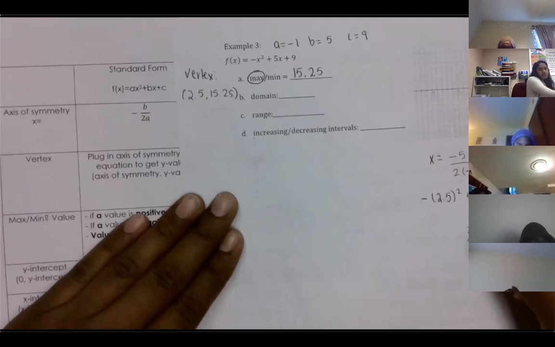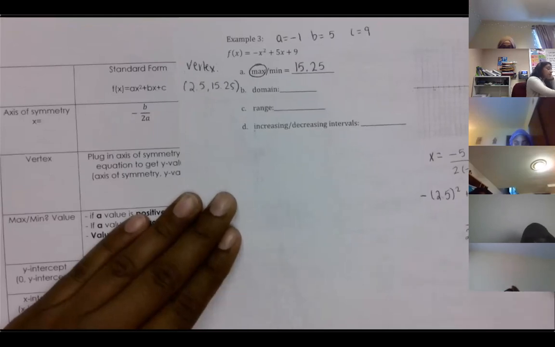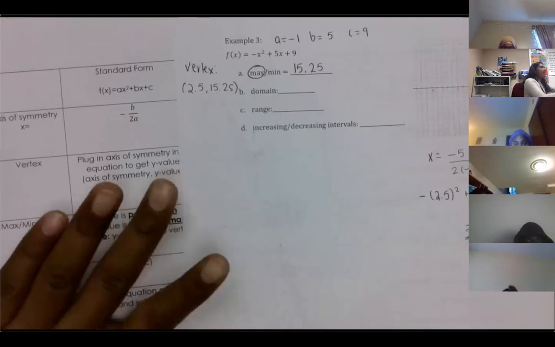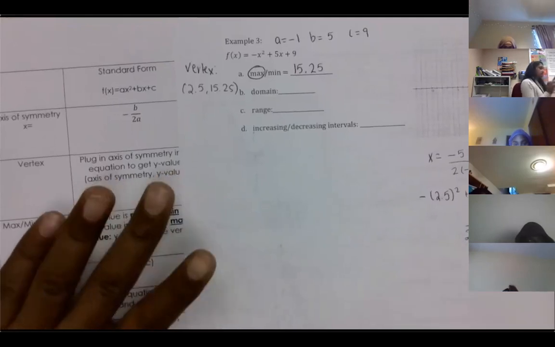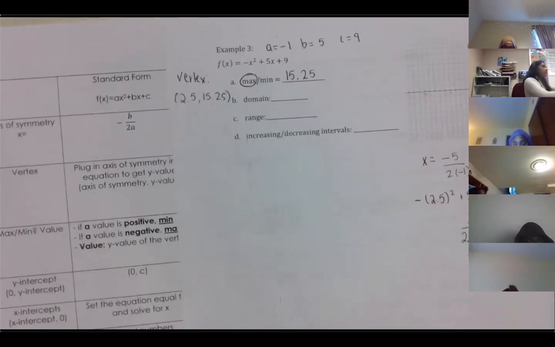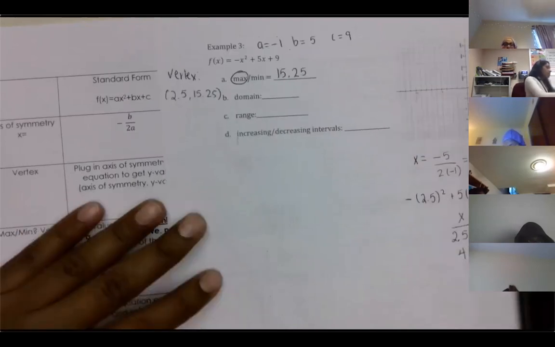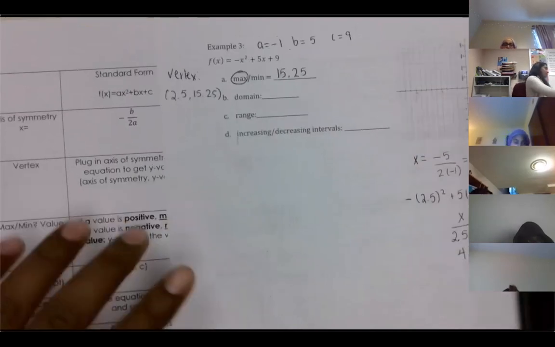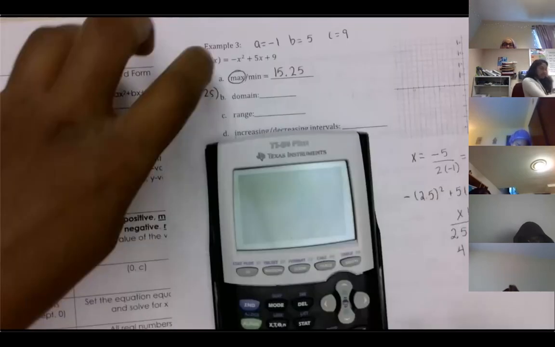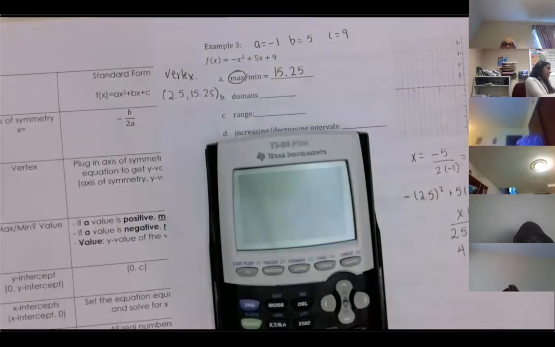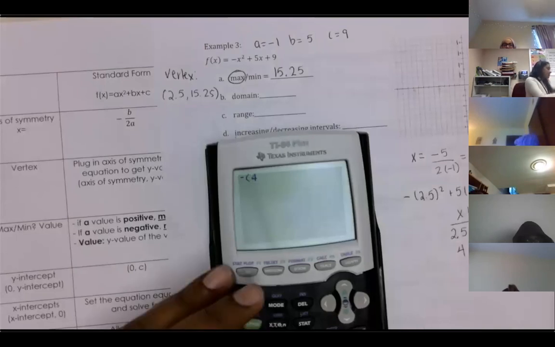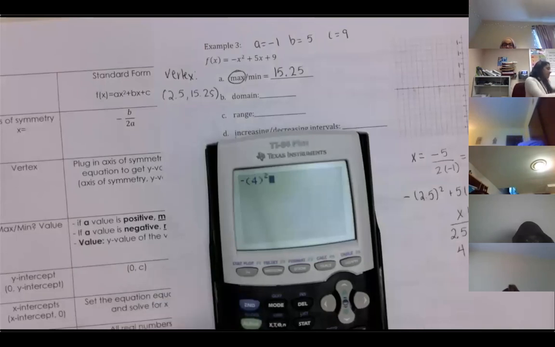You want to choose a number that's bigger than 2.5. You could go with 3, but I think it's better if you choose 4, because 2.5 and 3 are really close together, so it's going to be hard to graph both of those next to each other. So I'm going to plug in 4 in my calculator everywhere I see an x in the original equation. It's going to be negative 4 squared plus 5 times 4 plus 9, which is 13.